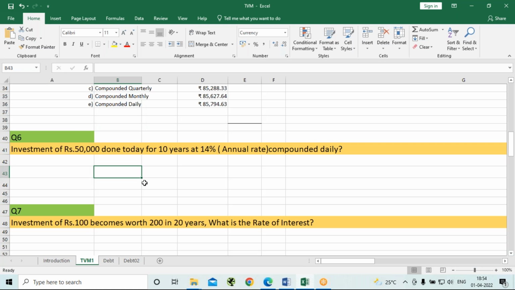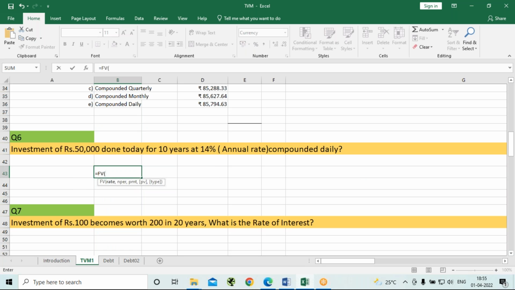Okay, so now can anyone help me out how to calculate this value in the daily compound? Yes, sir. Yes, ma'am. Go ahead. Equals FV.